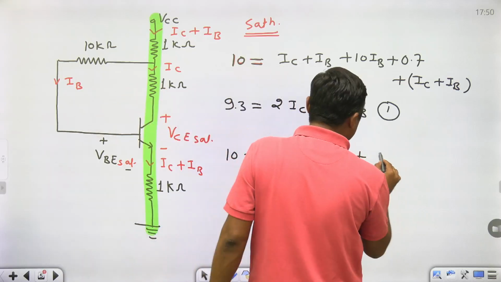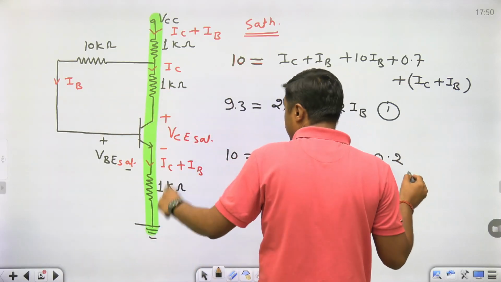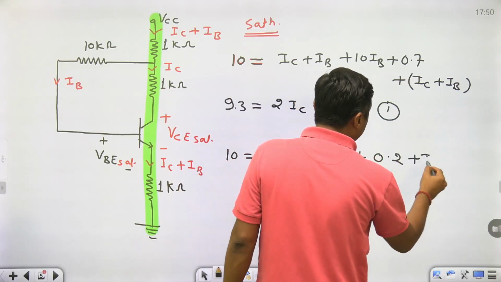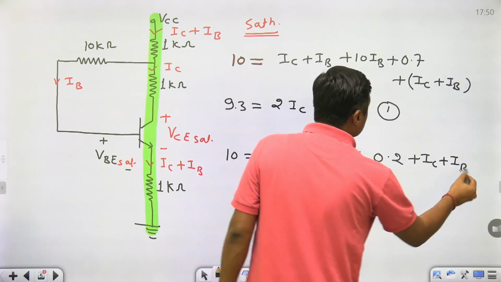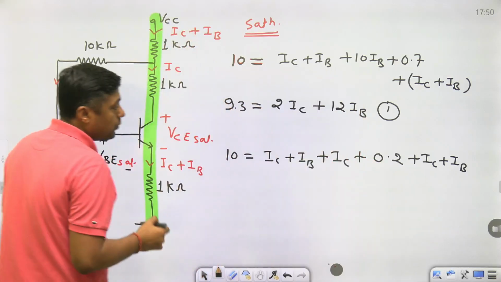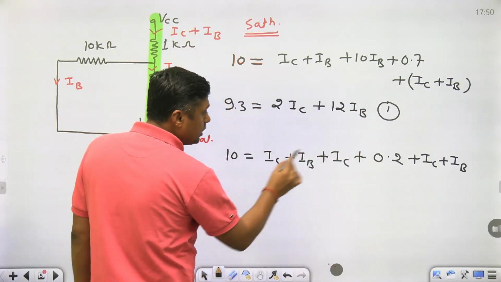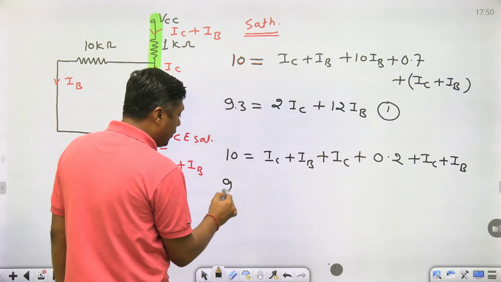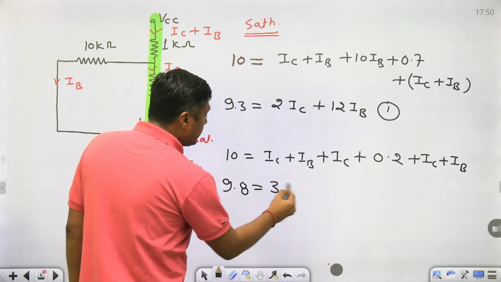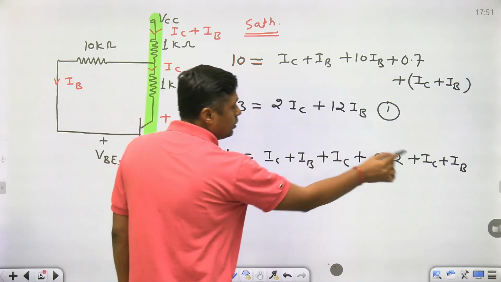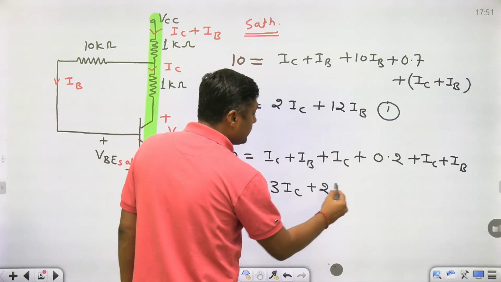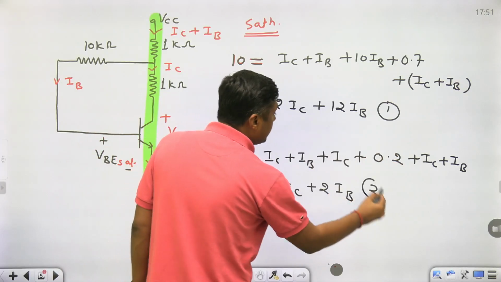What is the value of VCE sat? 0.2 volt, plus IC plus IB again into 1, from this point to this point. Now you will get 1, 2, 3, this will become 9.8, 3 times IC, plus 2 times IB. This is the second equation, guys.